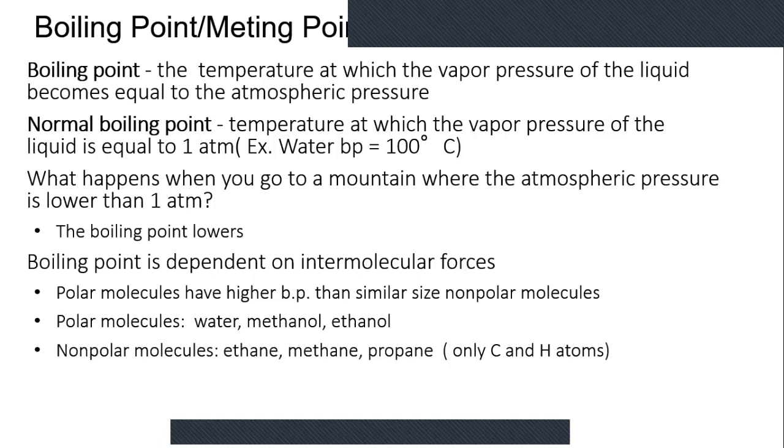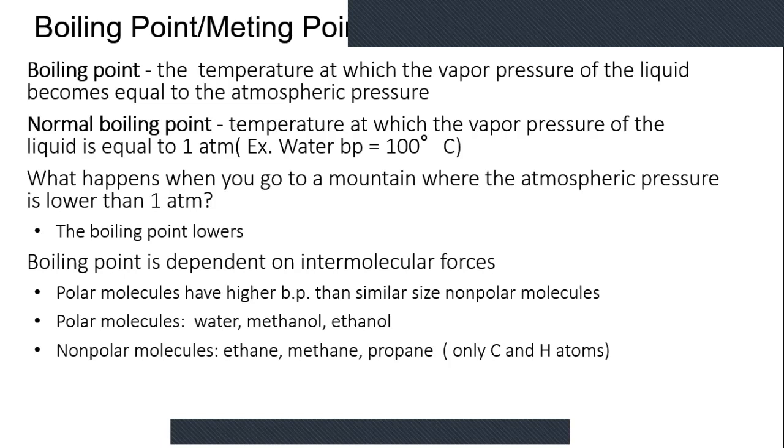Likewise, if you were to go to Mars and try to boil water, it would be very difficult because probably as soon as you open the container, it would vaporize instantly because the pressure is so low in the Martian atmosphere. Now, that explains how boiling point is affected by the pressure. You decrease the pressure, you decrease the boiling point.